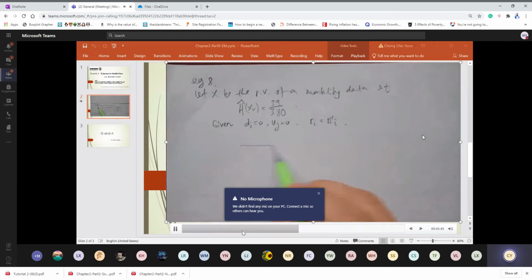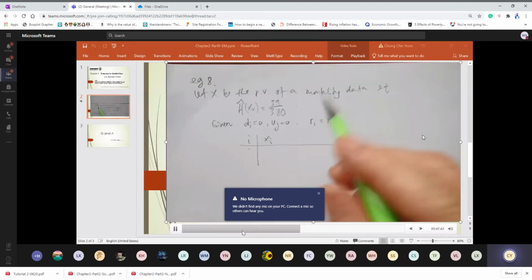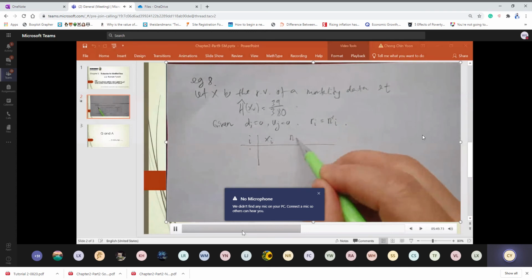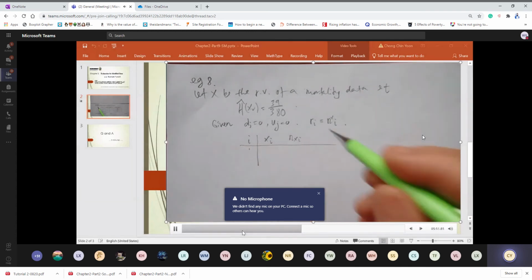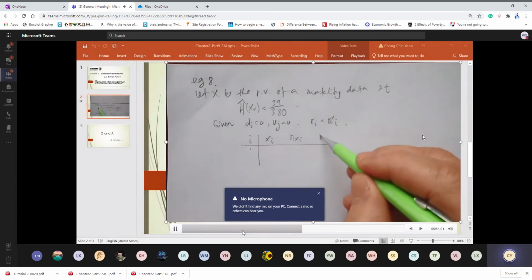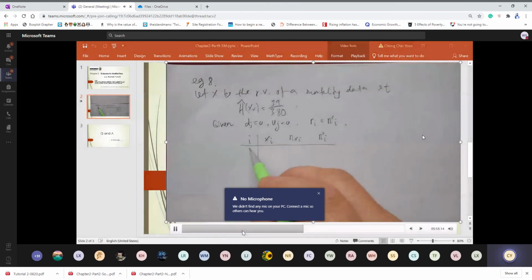So if you plot the table, this is my xi, this is the frequency of the xi, and the last will be the conditional nxi. When i is 1, I have x1, and this will be 1. For x2, I have 1 as well.